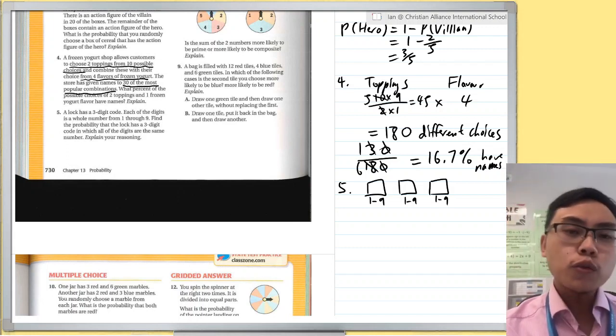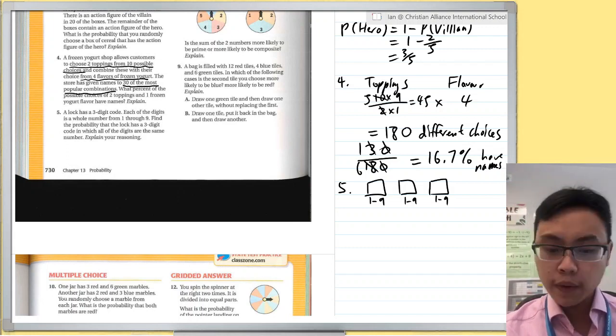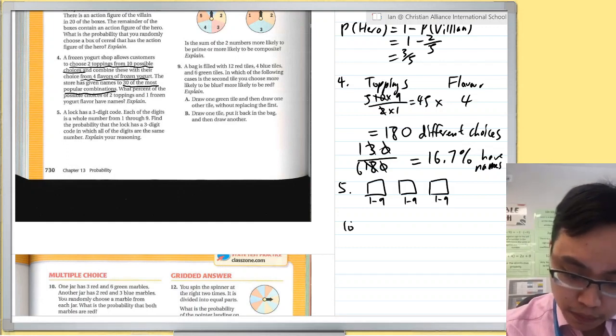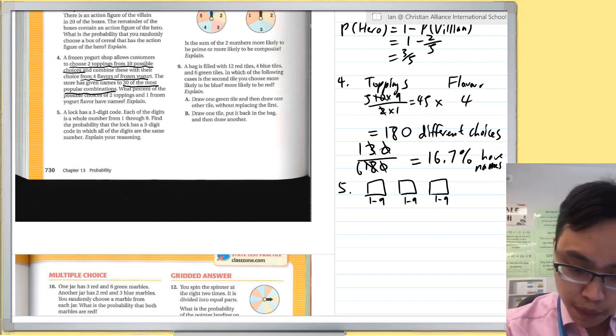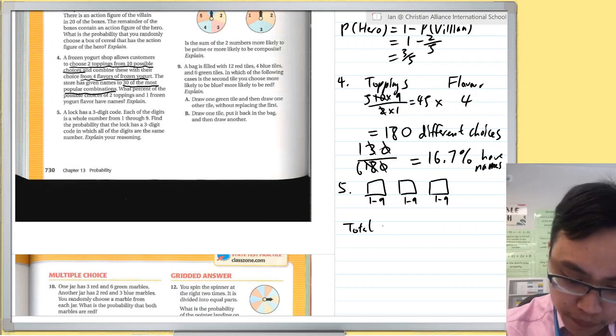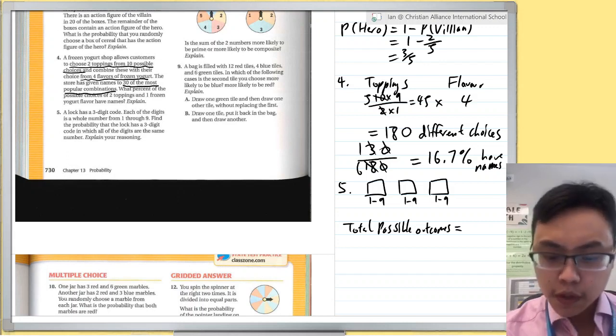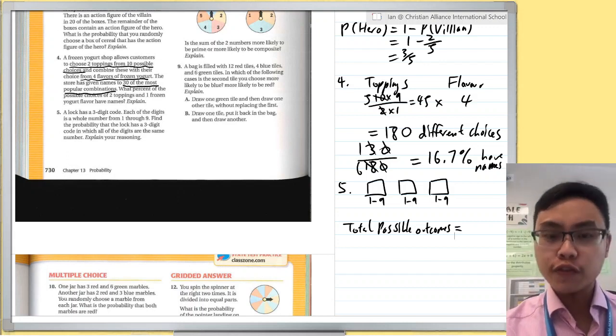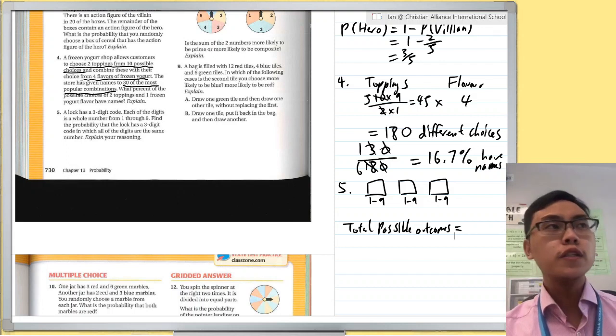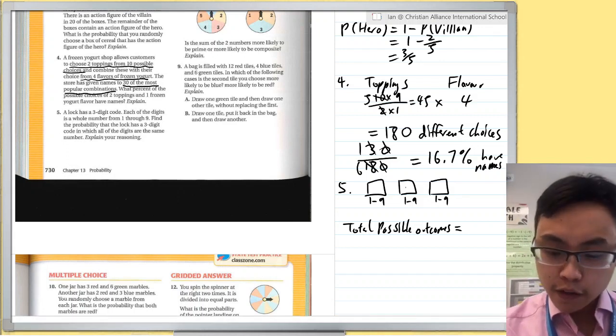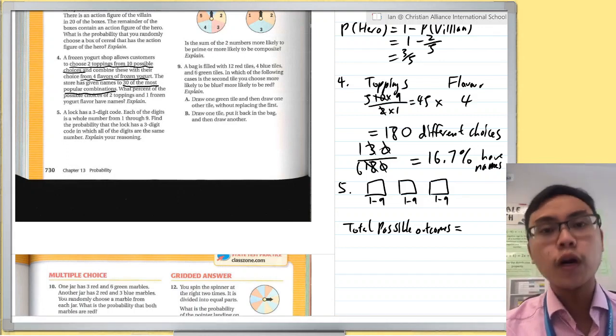So we also want to work out what are the total possible outcomes. Total possible outcomes is equal to, well, how many can I choose for the first one? 9. From 1 to 9, there are 9 possible ways. The second one, also 9. The third one, also 9.